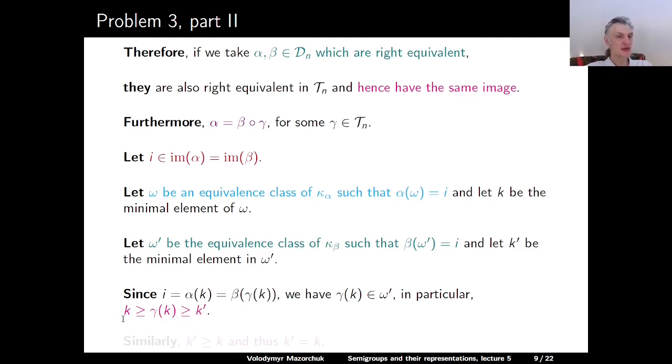So this shows that k is greater than or equal to k prime, and if we swap the roles of alpha and beta, we similarly get that k prime is greater than or equal to k. And so k prime should be equal to k. So in other words, we have just proved that for any element I in the common image, if we take the preimage of I under alpha and under beta, then the minimal elements in these two preimages coincide.